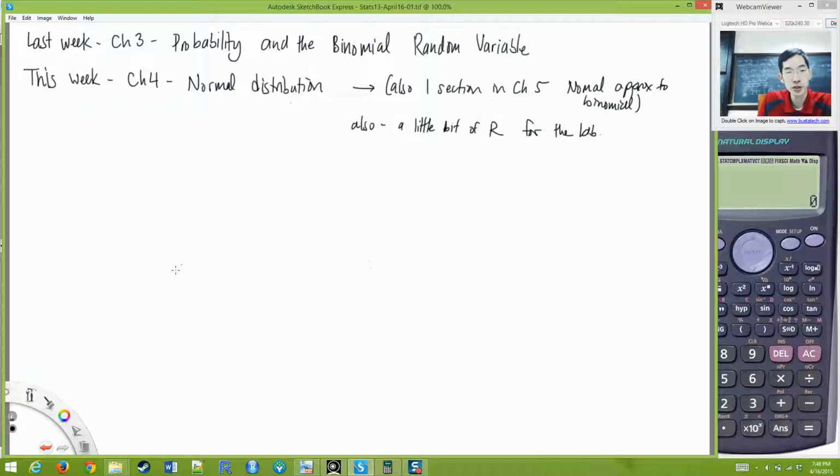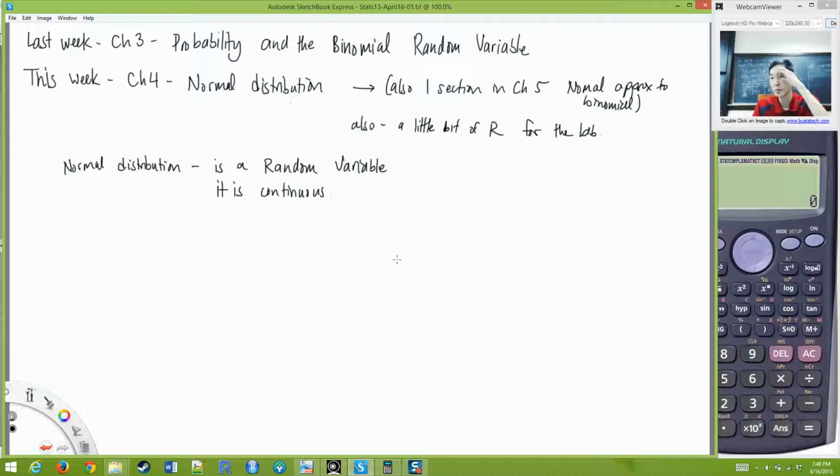Okay, and the normal random variable is a random variable, and it's continuous. So that's in contrast to the binomial random variable, which was discrete.